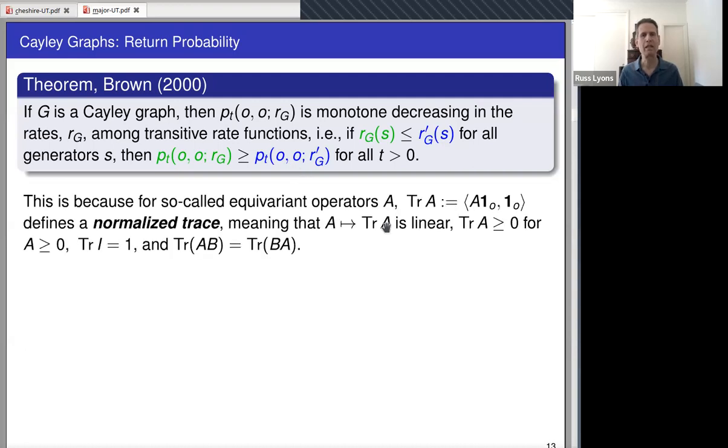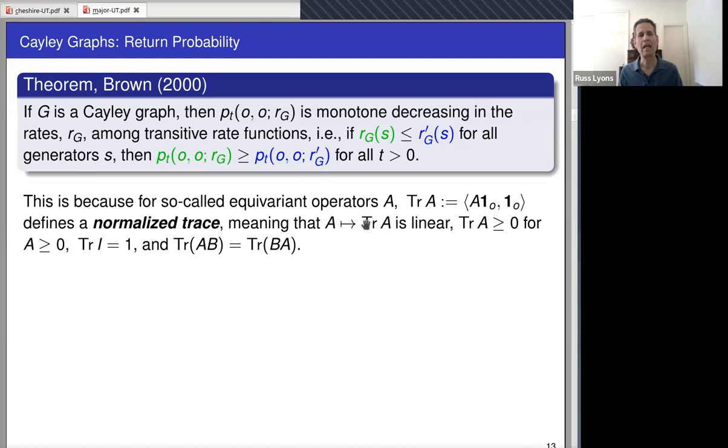I'll give you a brief idea of the proof. It uses this same idea of trace that we used to prove the result of Benjamin and Schramm, but now this normalized trace. And it applies to what are called equivariant operators, which I won't explain. What does it mean to be a normalized trace?